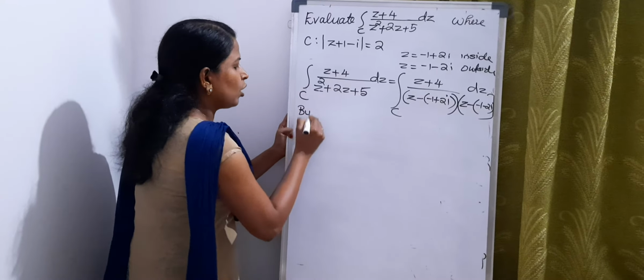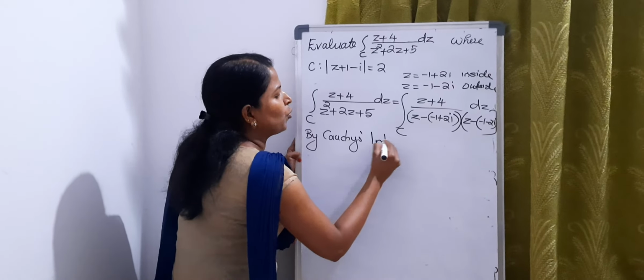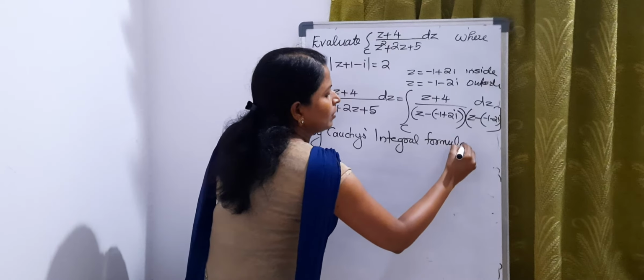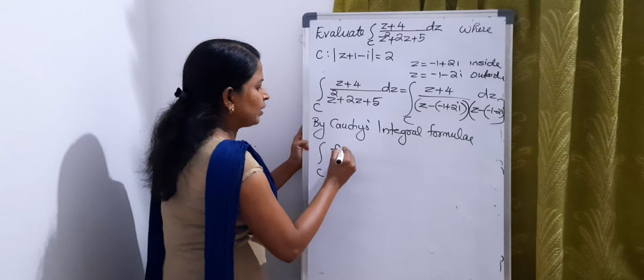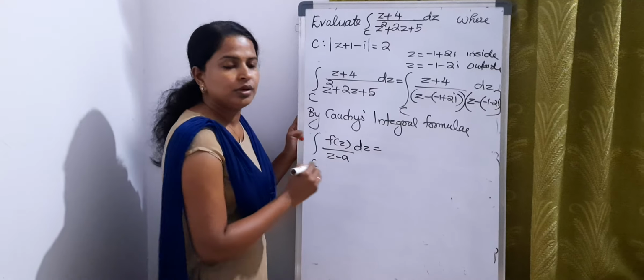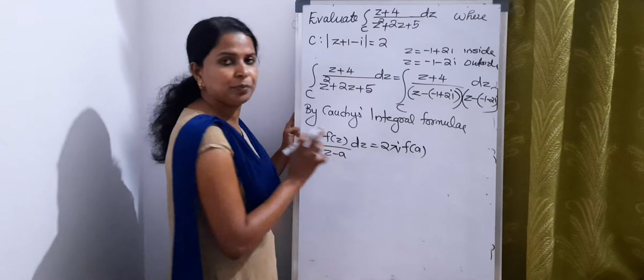By Cauchy's integral formula. What is Cauchy's integral formula? Integral over c of f of z by z minus a dz equals 2 pi i into f of a. Here a is the inside point.